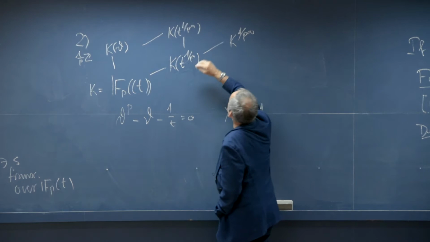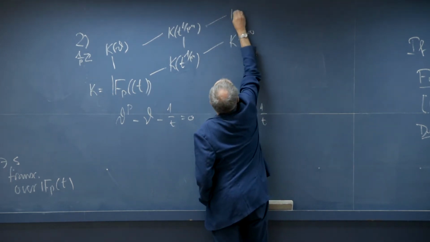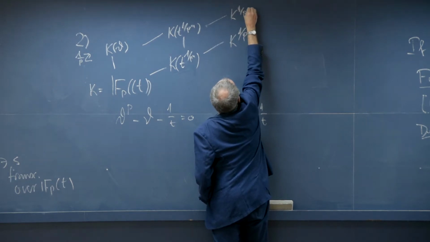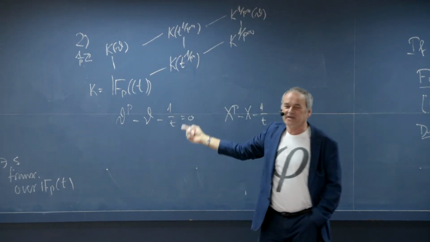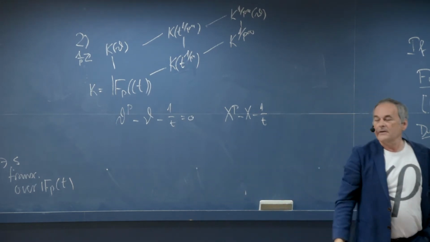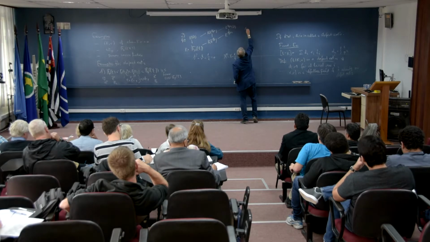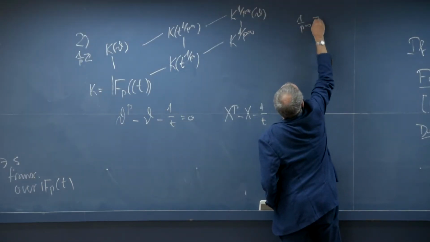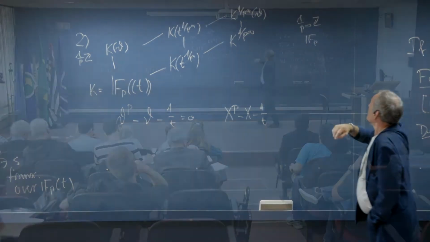Now you go to the union here. What do you do with the value group? You make it p-divisible. So you get value group (1/p^infinity)Z. You still have residue field F_p.